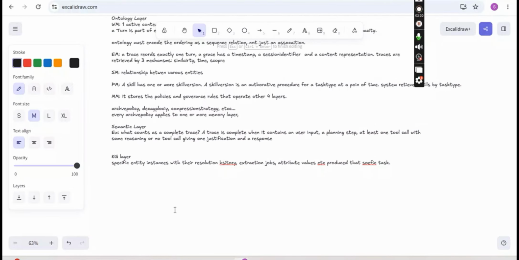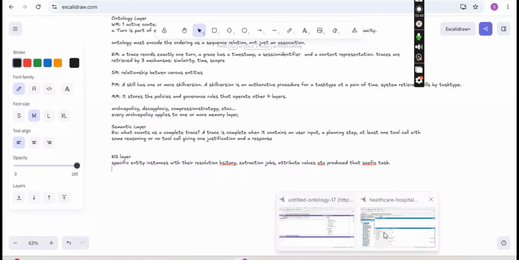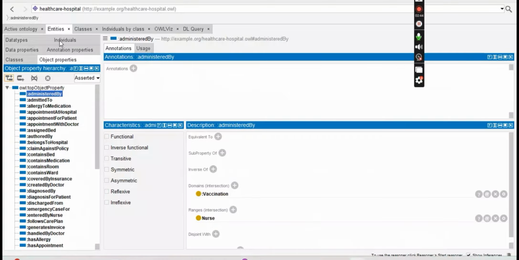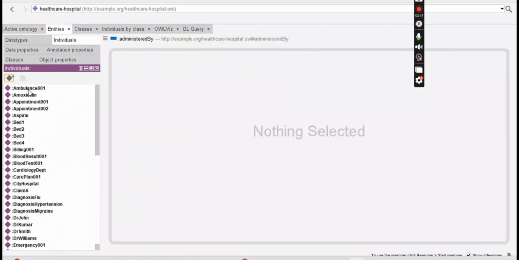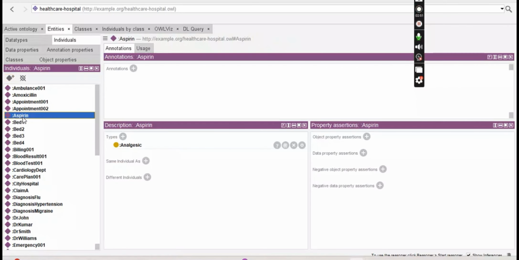So when we say KG layer, it is the implementation, the physical layer, which we can say is a database. There we are storing all this information in the form of individuals. For example, here I say aspirin, description is aspirin, and it is a type of analgesic.